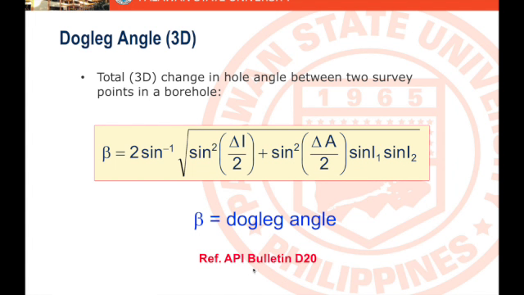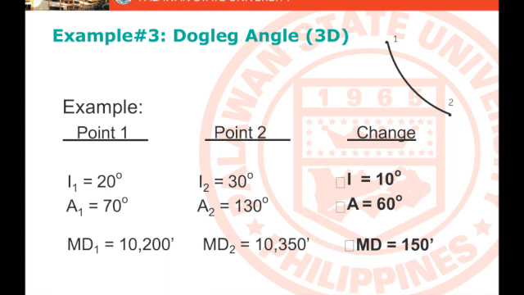That will give you the dogleg angle. In order for you to convert it to dogleg severity, remember, you are solving for the angle here. Dogleg severity would be in degrees per 100 feet, so you have to multiply your answer by 100 so that you will get degrees per 100 feet. This equation is from API Bulletin D20.